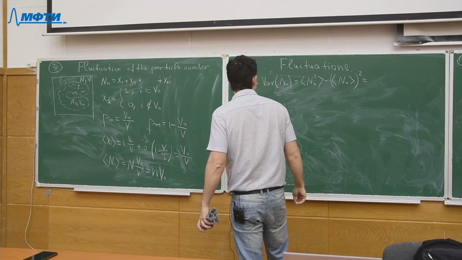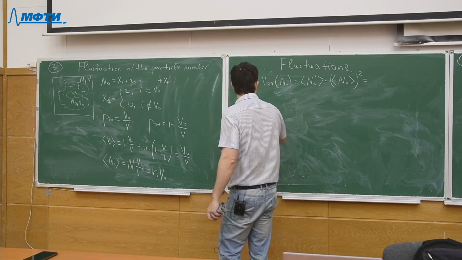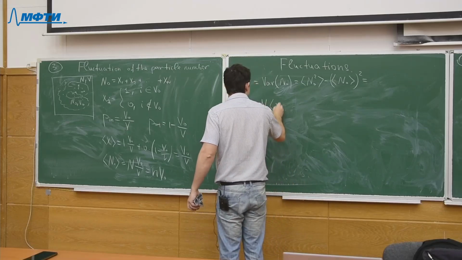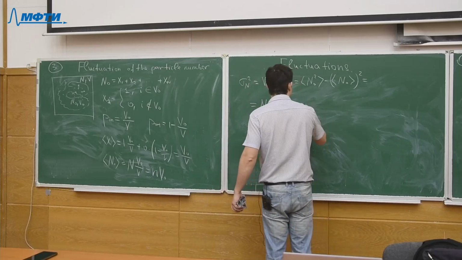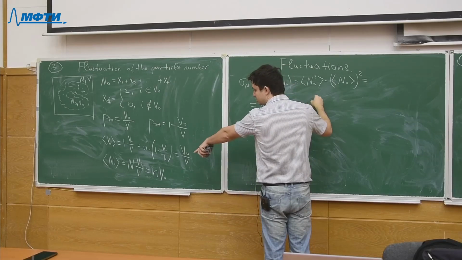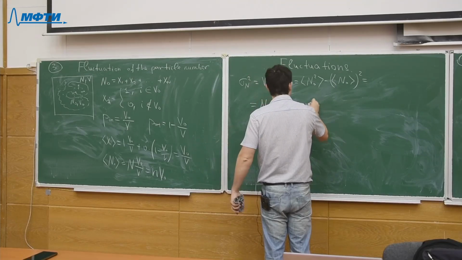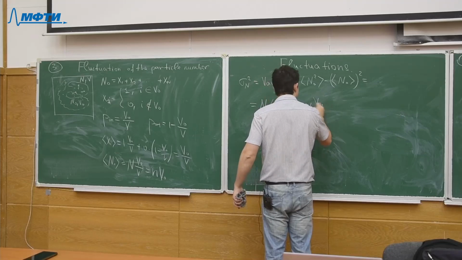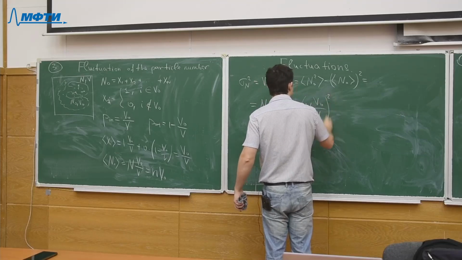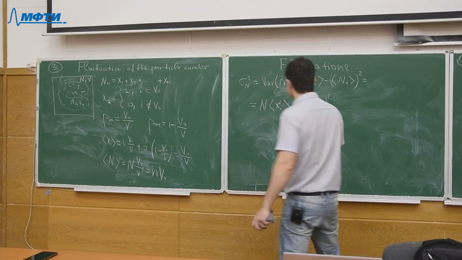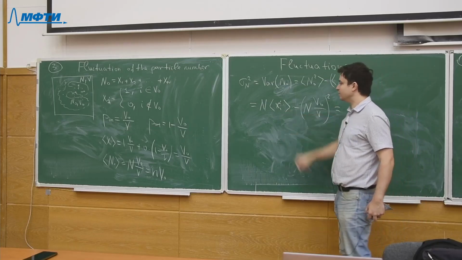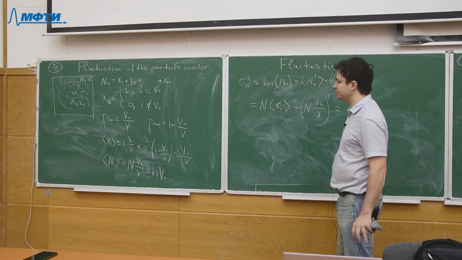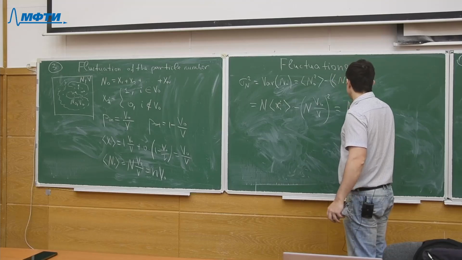According to the definition, n0 squared should be n times the average of xi squared, and the average of n0 squared gives n times V0 over V, squared. What is missing in our equation is the average of x squared, and I'm going to calculate it by definition.